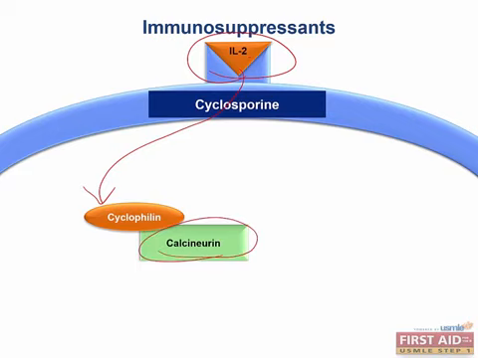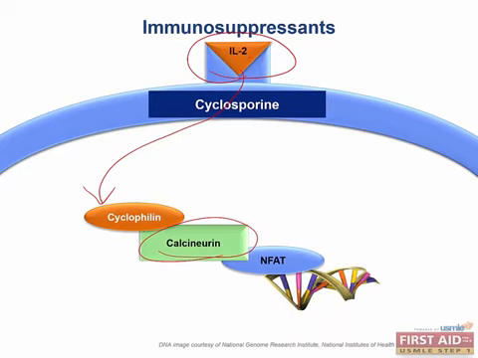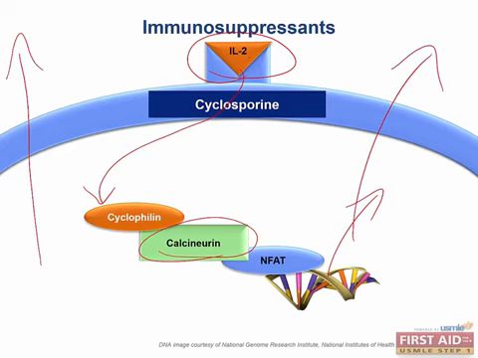Cyclophilin stimulates calcineurin that then in turn stimulates NFAT, which is a nuclear transcription protein and facilitates the production of other cytokines and other proteins that are pro-inflammatory, that further the response. Recall that T cells, at least the CD4 T cells, are the cheerleaders of the immune system. So production of proteins that spur on the fight against the pathogens.